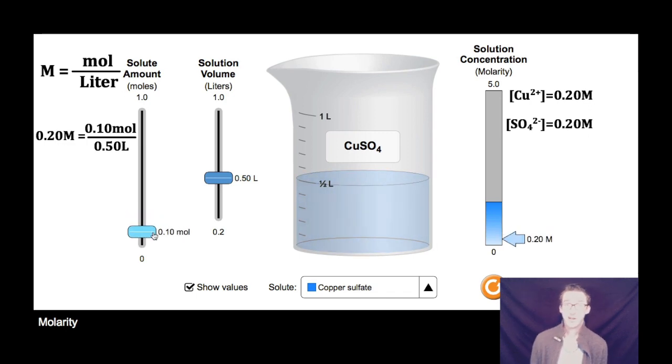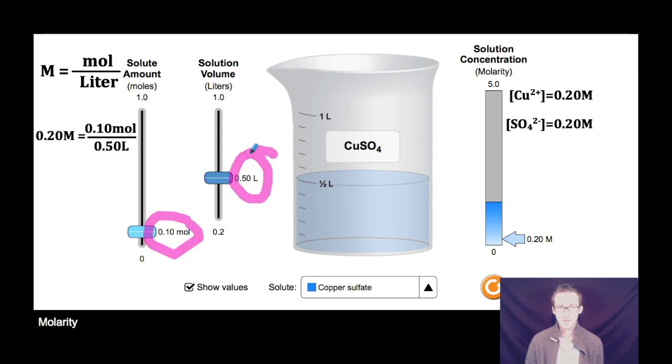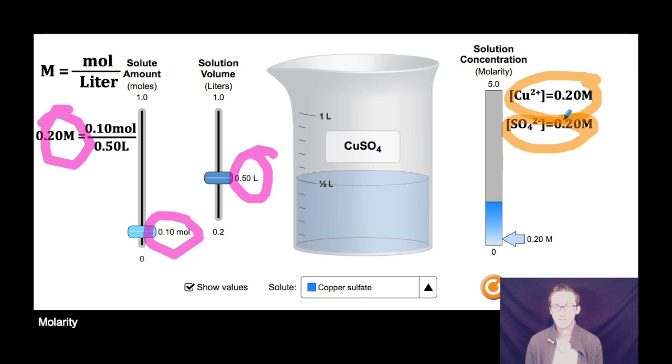So the concentration of this solution measured in units of molarity, or moles per liter: I've got 0.1 mole in 0.50 liters, which gives me a concentration of 0.2 molar. Again, take a moment just to realize that the concentration of each of my ions in solution is 0.2 molar as well, again because the ratio of ions in the copper(II) sulfate formula is a 1-to-1 ratio.